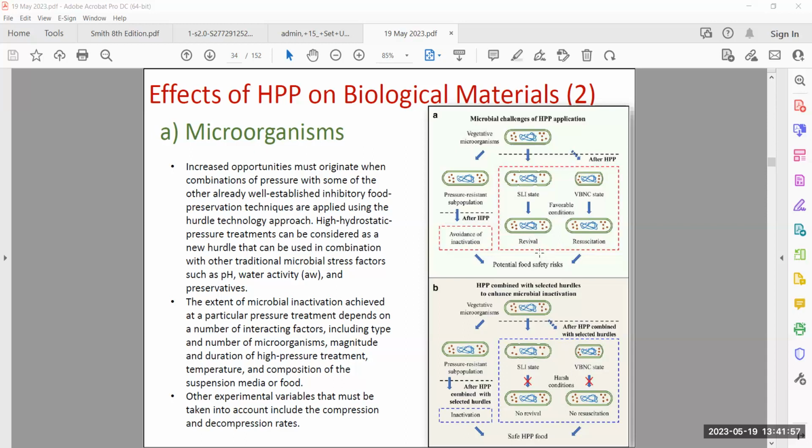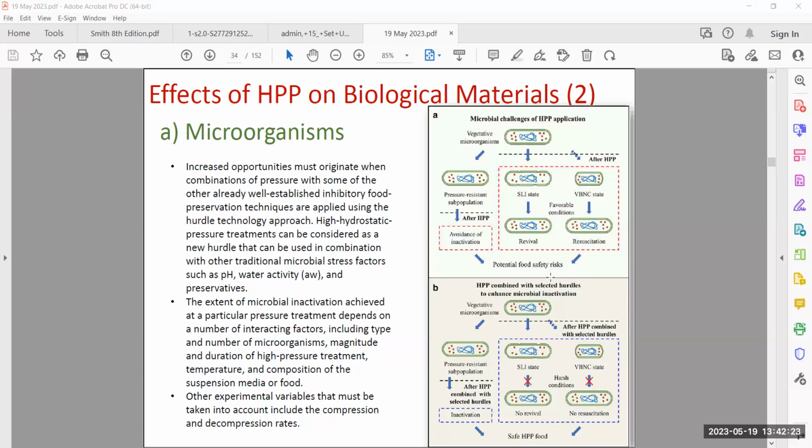That's what we call a potential food safety risk. Another state is what we call the viable but non-culturable state. If it's kept at a favorable condition, resuscitation of the microorganism may induce growth even after the HPP treatment.